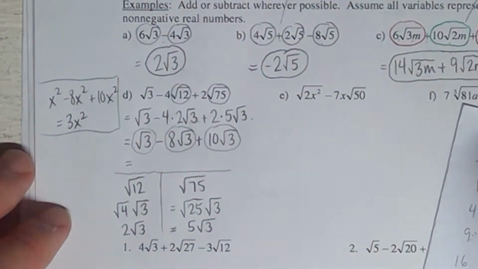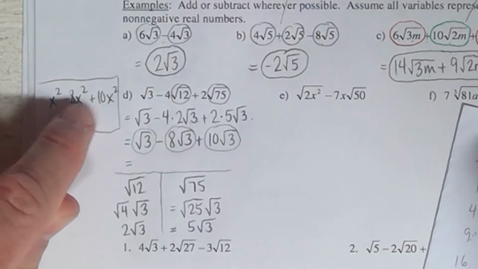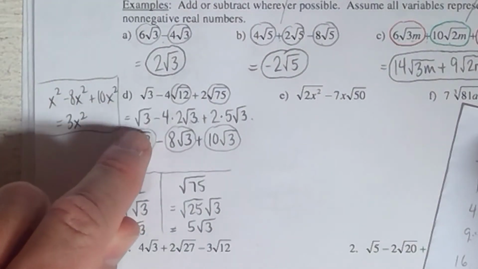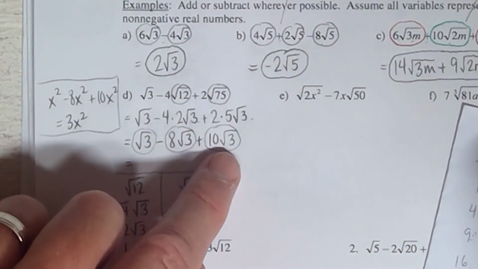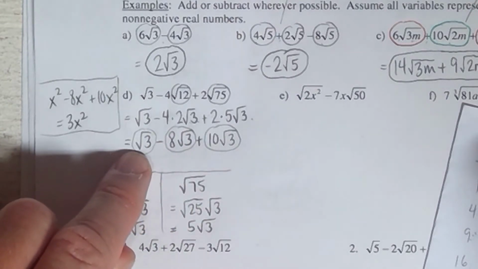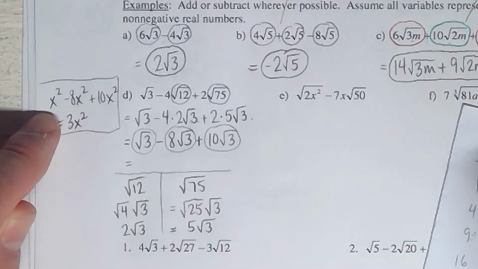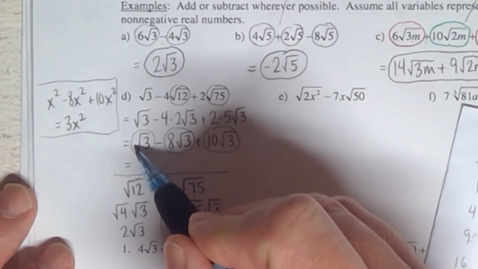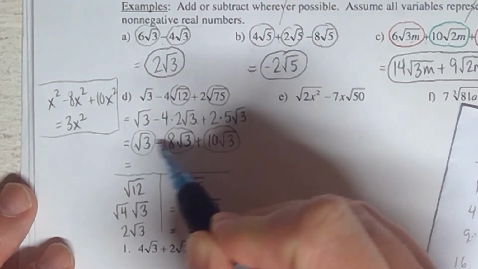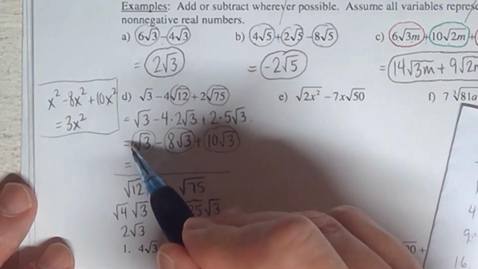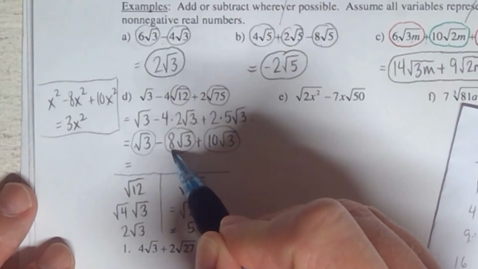I'm bringing that up right now because just like the x squareds are all the same here, the rad 3s are all the same here, but there's an invisible 1 in front of this one. When there's nothing there in front of it, that means there's an invisible 1 there, just like there's an invisible 1 in front of this x squared. So you got to remember to do 1 minus 8. Don't just say that this is nothing here. This is 1 minus 8 equal to negative 7.